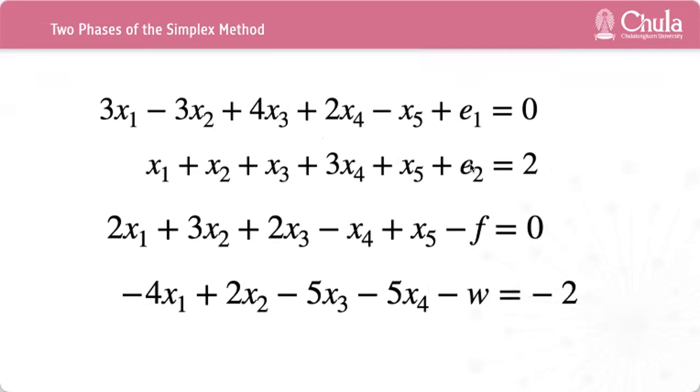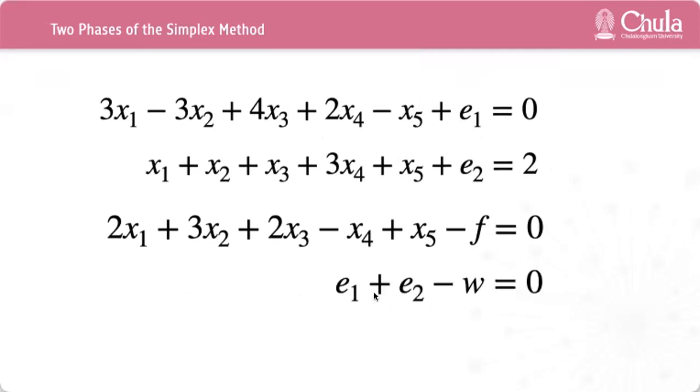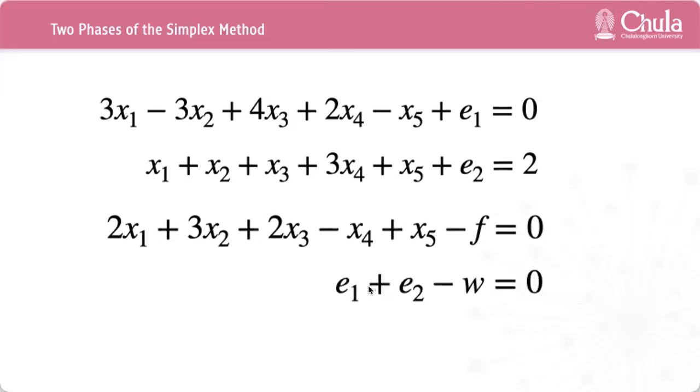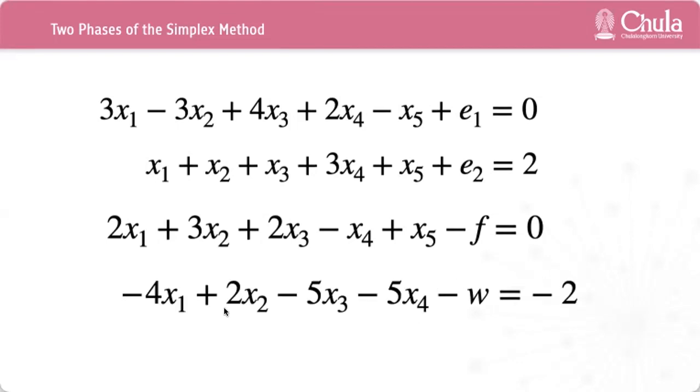So we start from E1 plus E2 minus W equals 0, and we subtract the first and second lines from it. Then you can get rid of E1 and E2 from the equation. So finally, you obtain this line.